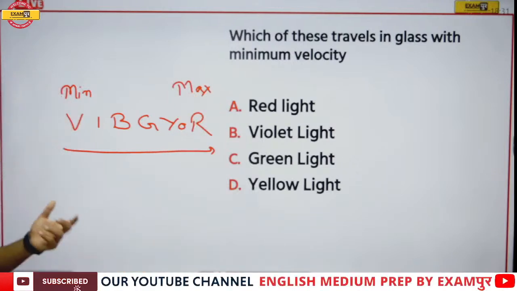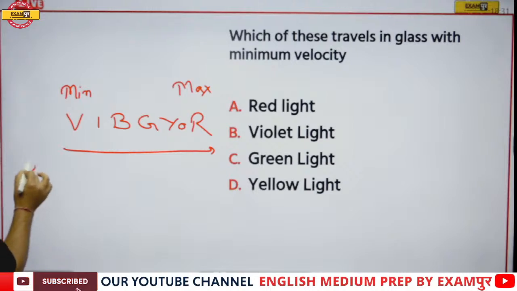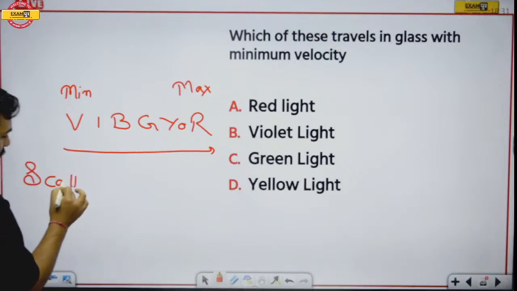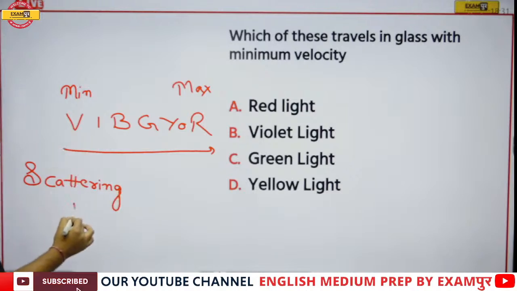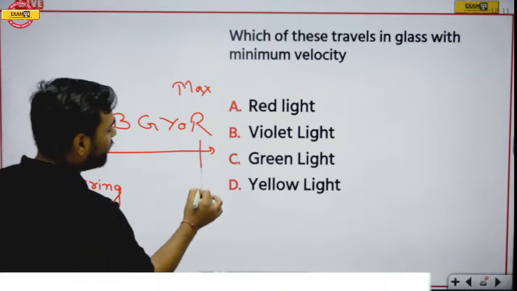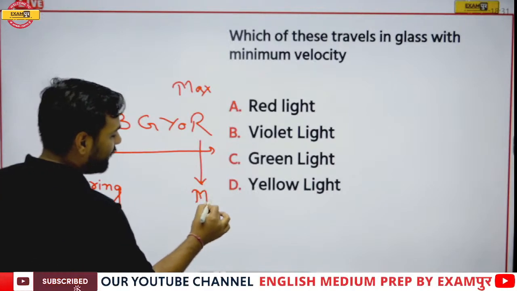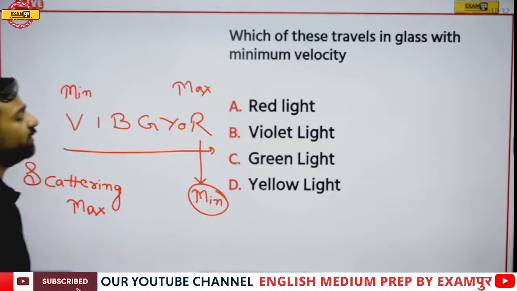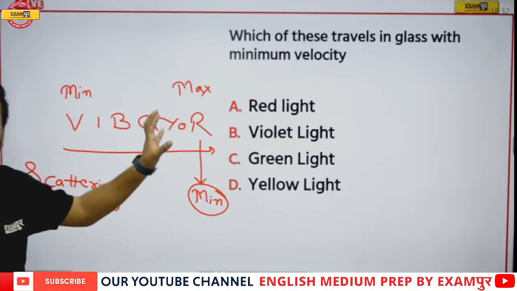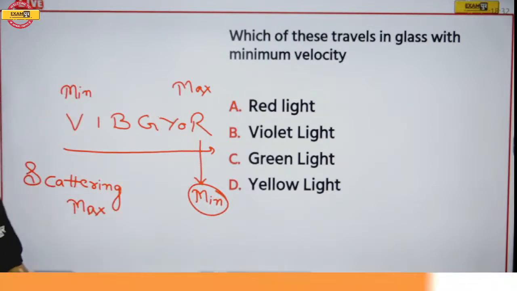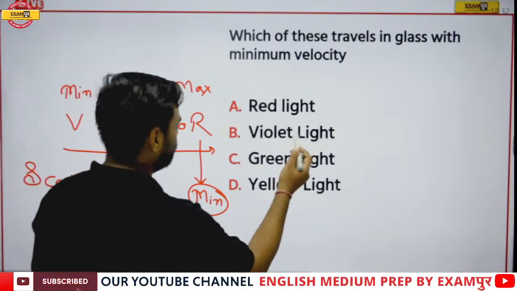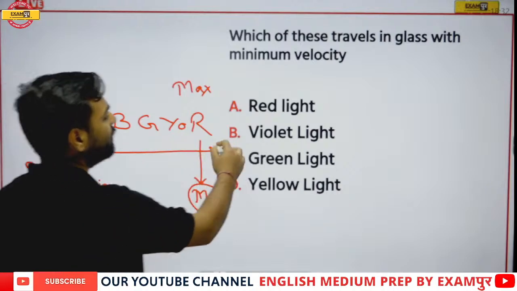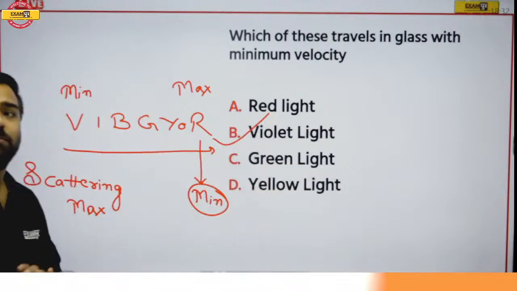And if I talk about the scattering power also, the violet light is with maximum scattering, but the red light scatters with the minimum. So we have the minimum scattering for the red, but the question was which of these travels in the glass with the minimum velocity. So here violet light would be there with the minimum velocity.